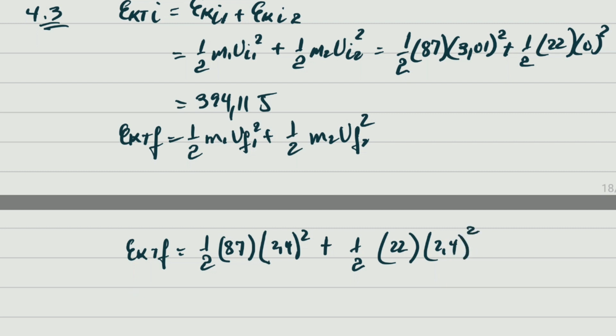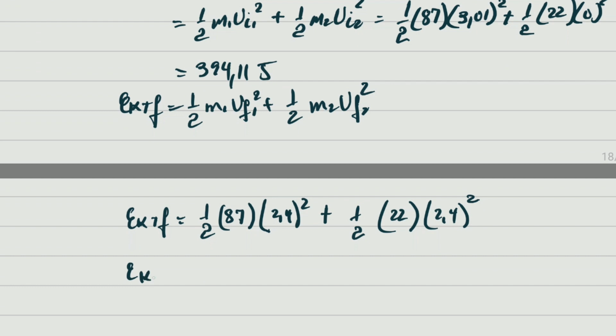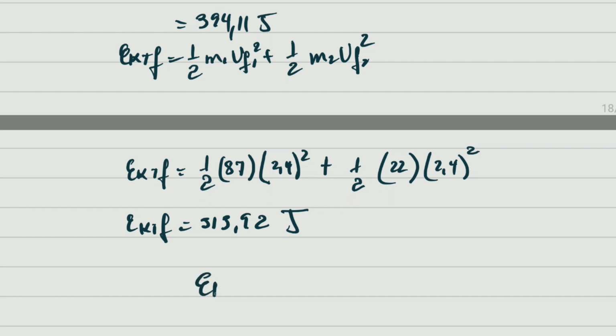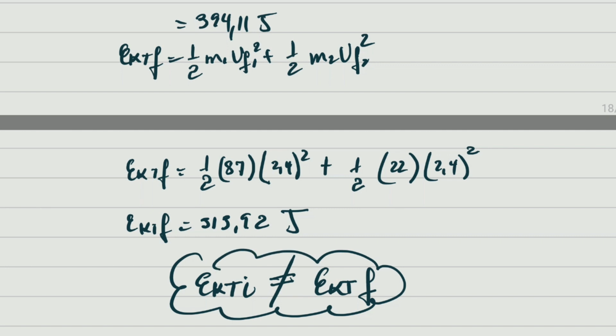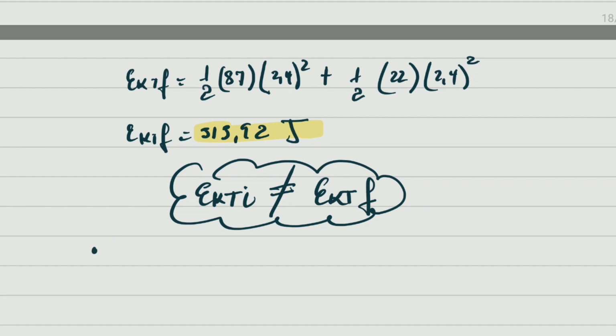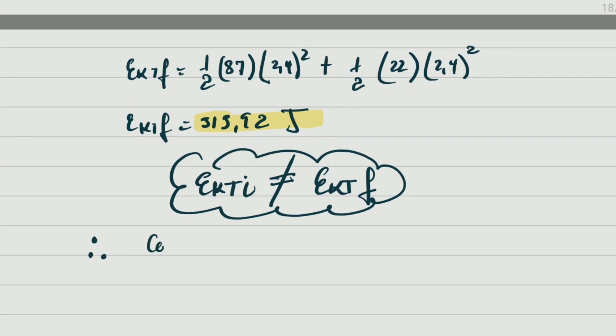And this one is going to be 313,92 joules. You can see now that the total kinetic energy initial is not the same as the total kinetic energy final. They are different numbers. Therefore, the collision is inelastic.